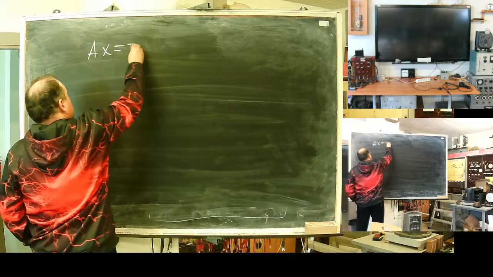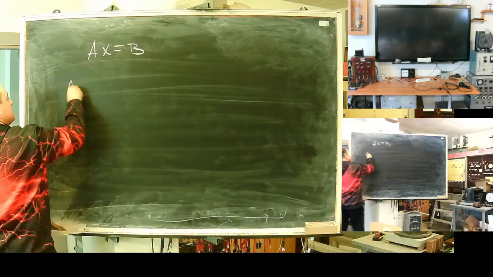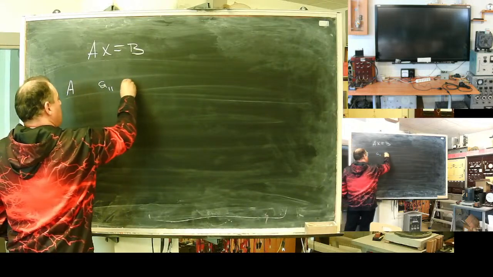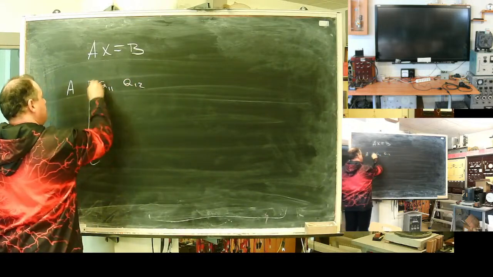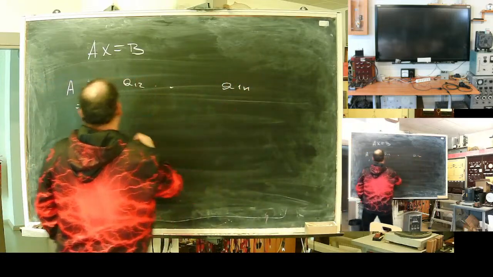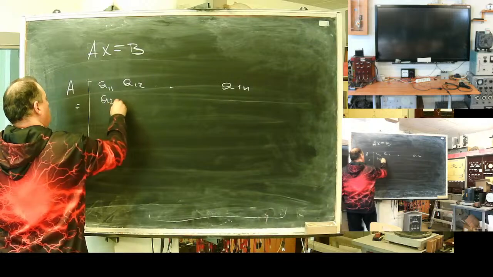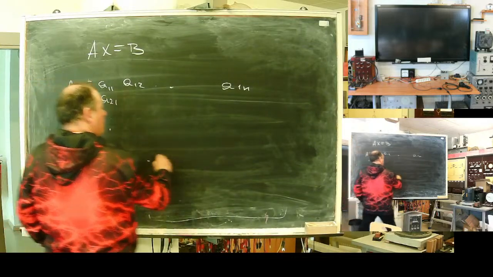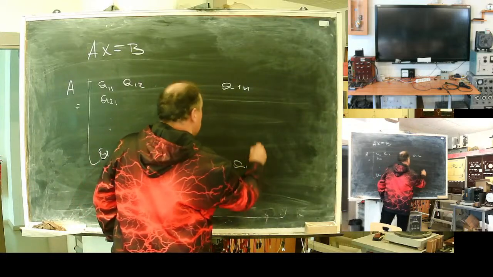AX equals B, where A is a square matrix A11, A12, A1n, A21, AN1, and the last one will be ANN.